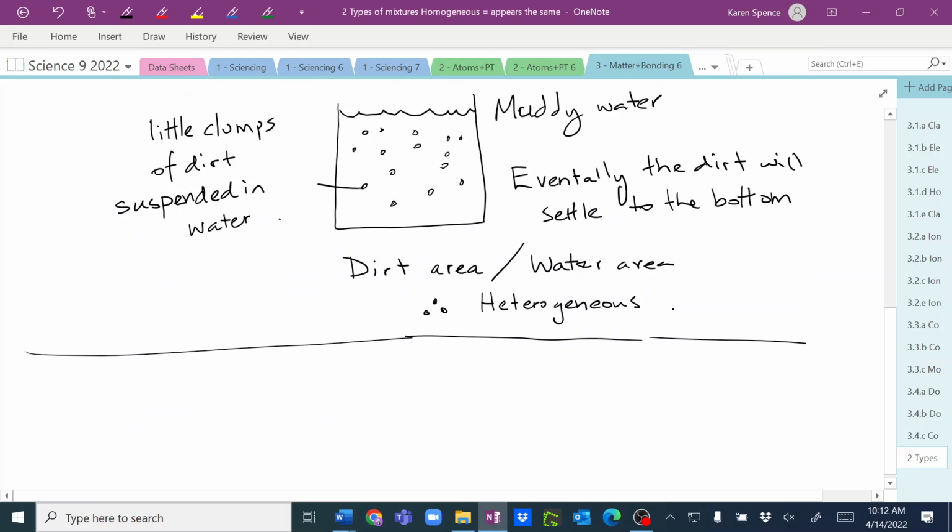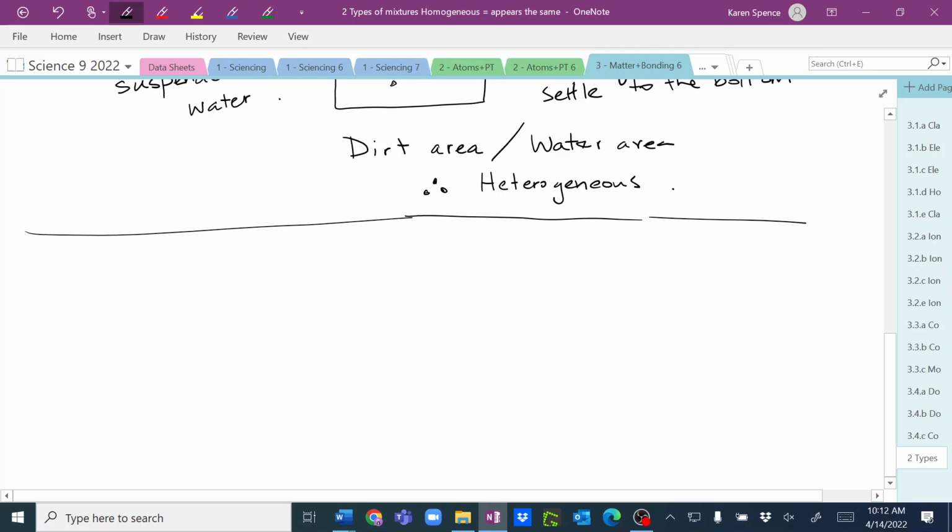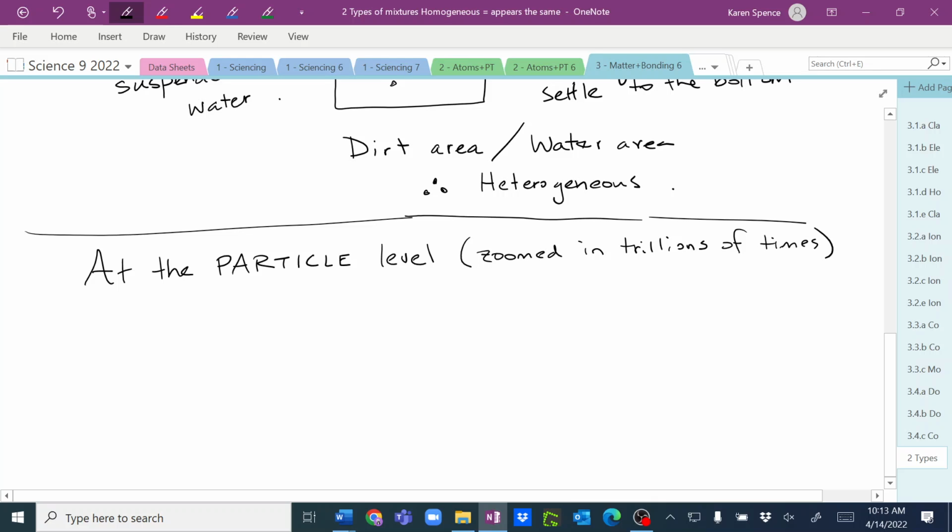We good? Okay. So one last thing before we go on break. Knowing that at the particle level, so that's like zoomed in trillions of times, in a homogeneous mixture, what can you say about the particles?